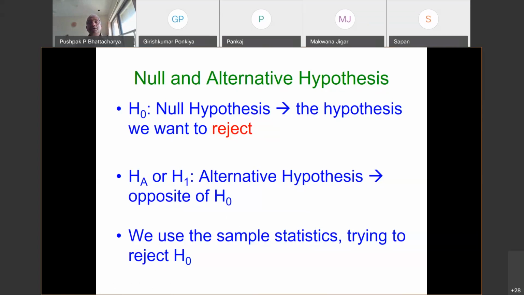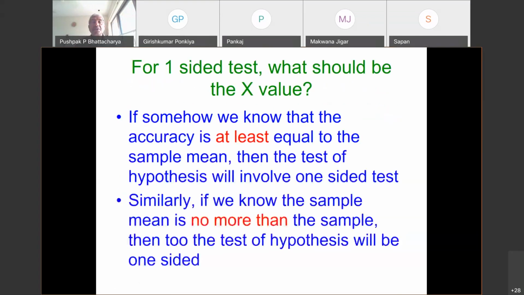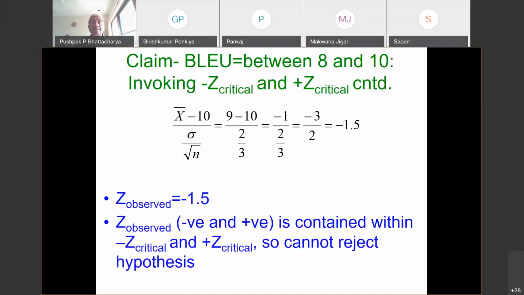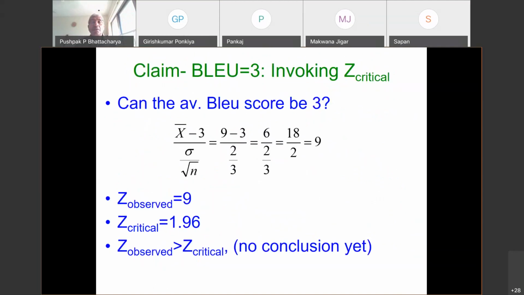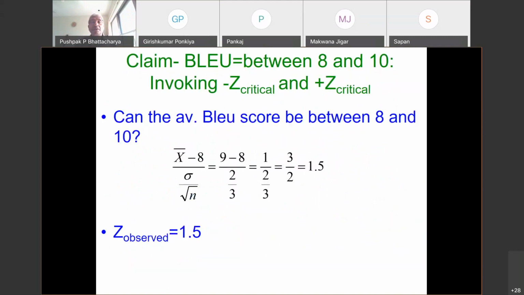So with this terminology, let's go back to the question of whether the blue score can be within 8 and 10. We had that hypothesis.